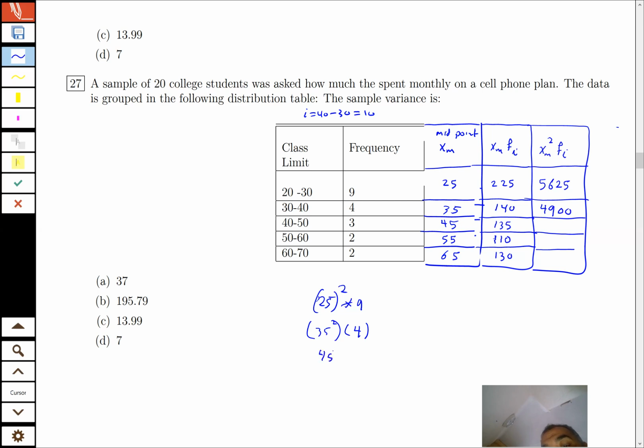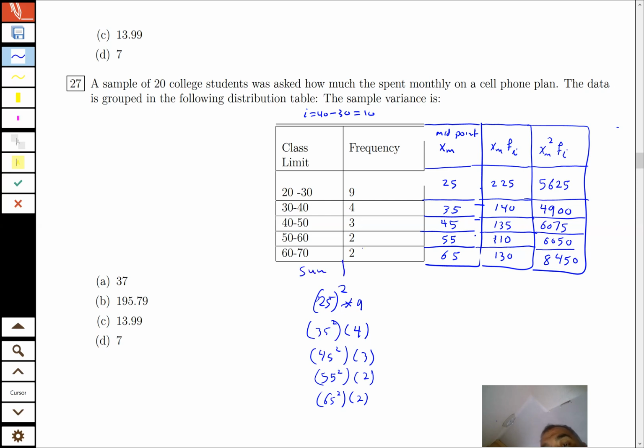Then 45 squared times 3, and you will get 6075, and so on. Then 55 squared times the frequency, which is 2, and you will get 6050, and the last one, 65 squared times again the frequency 2, and you will get 8450. Now we need to find the sum.